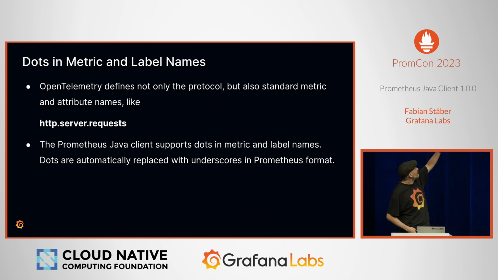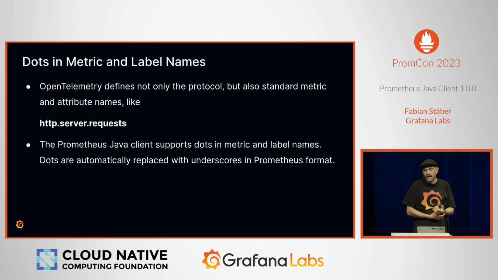However, you will never see the dots, because if you expose the metrics in Prometheus format, they will be automatically replaced by underscores under the hood. So if you just use your library, even if you create a metric with dots, you will just see the underscores in Prometheus format.